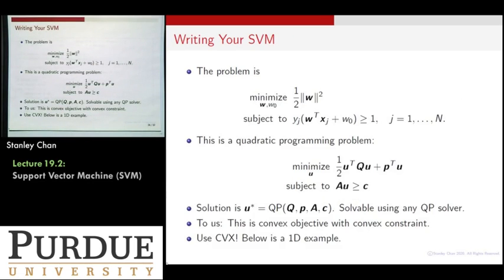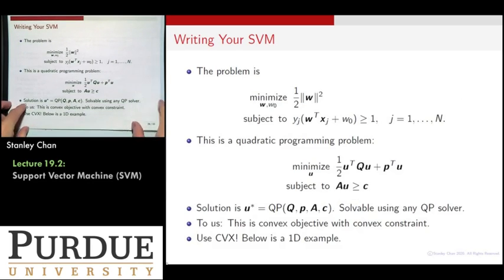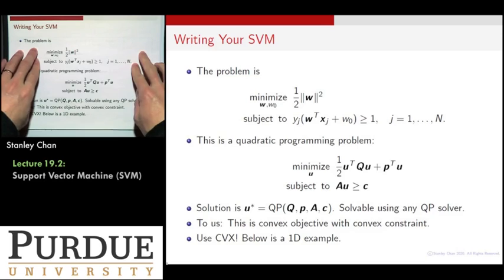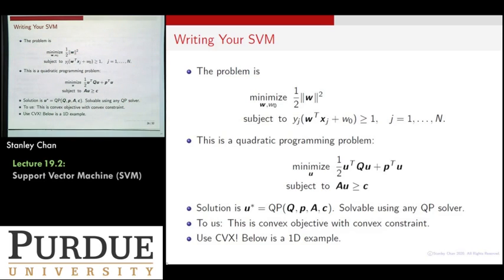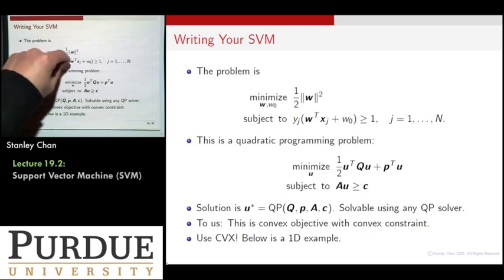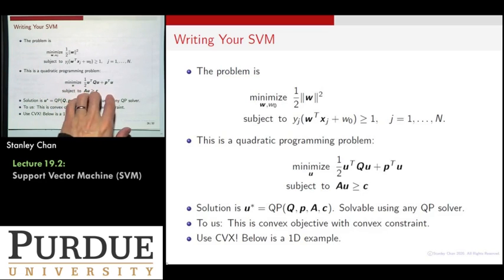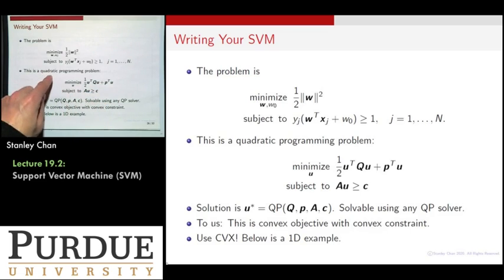Okay, so now if you have this problem in general, this is your support vector machine problem. You really need to program it on a computer. What you are going to do is turn it into a standard form that the computer likes, called a quadratic programming problem.